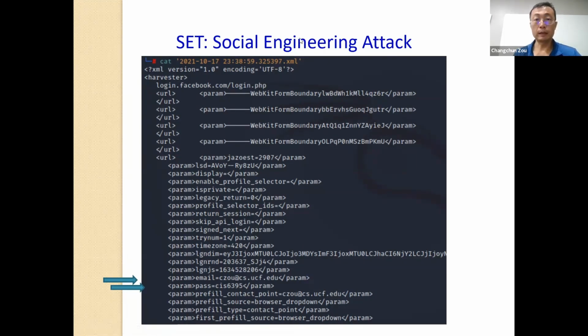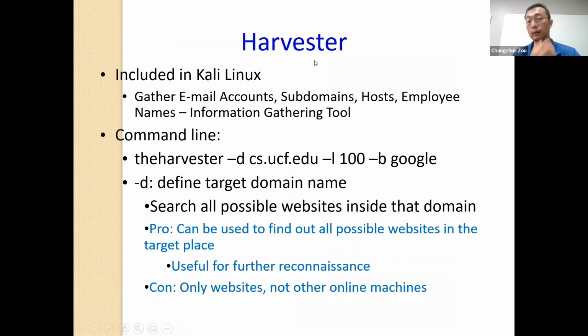Let me introduce another tool. It's called theHarvester. This one does Google searches, using a search engine to collect information, and it also interprets this information and gives you a report.